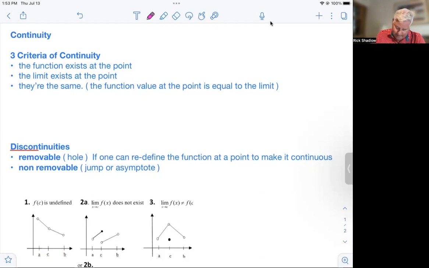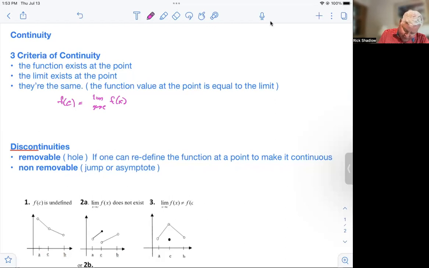You might write it like this: let's specifically talk about some point c. f of c is equal to the limit as x approaches c of f of x. If that's the case, then the function is continuous at that point.